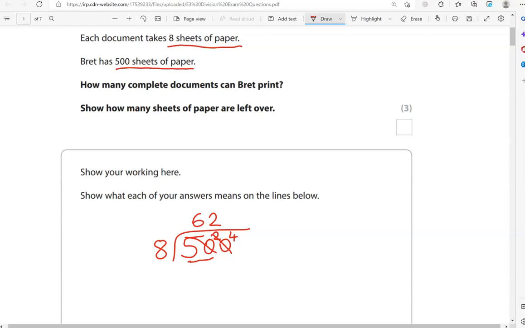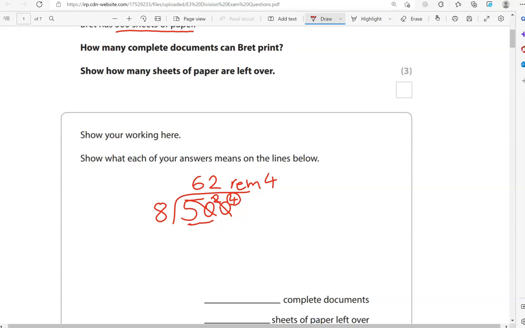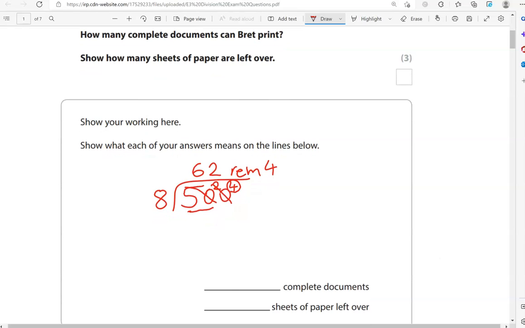Now we're finished with digits here. So that's remaining 4 that I put here. So it's 62 complete documents and 4 remaining.